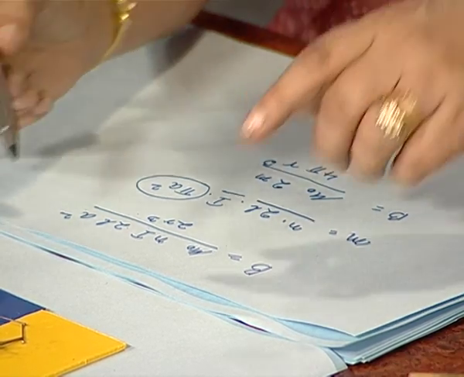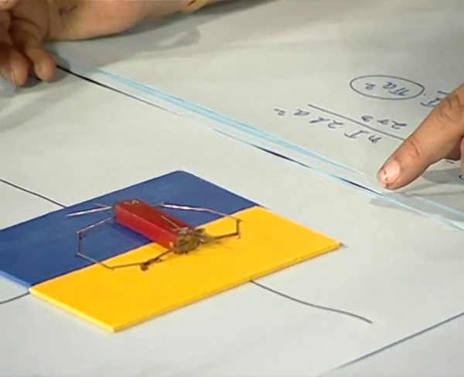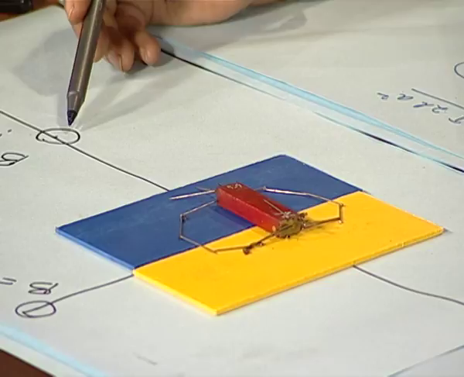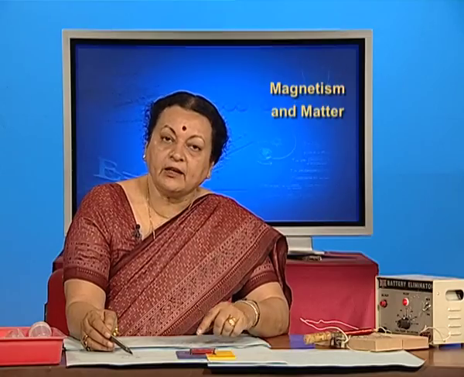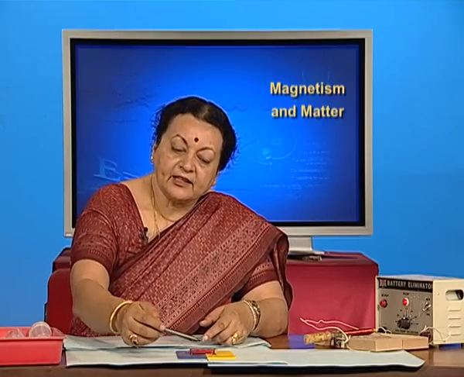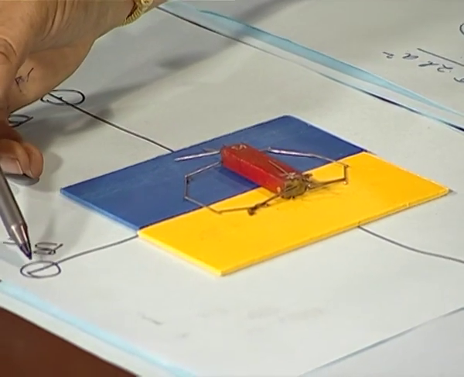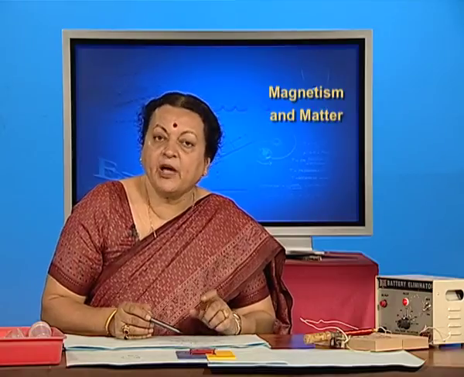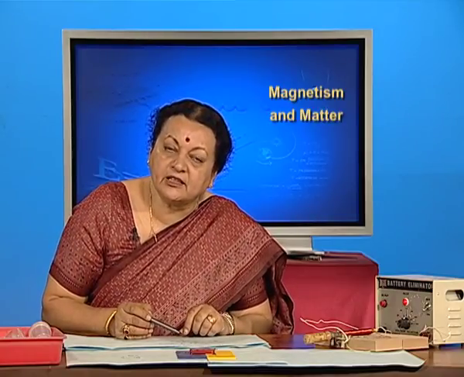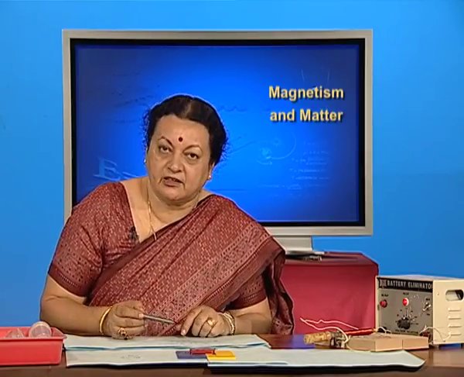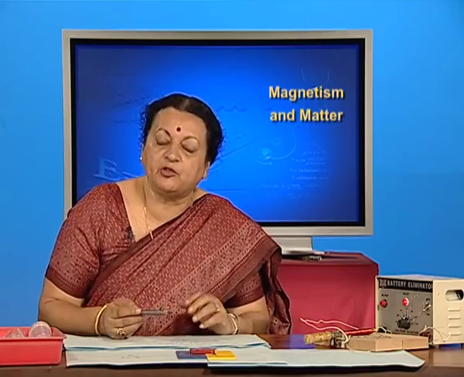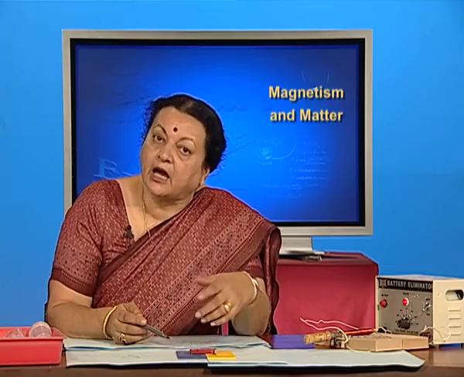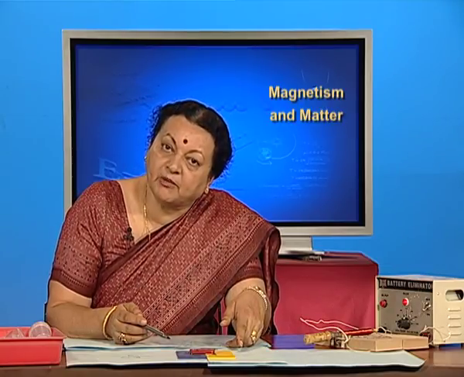If you are to relate this value for the magnetic intensity with that of an electric dipole, you can then say that the value along the equatorial line would be exactly half of this. Now, you may argue, how can you take such a suggestion which is just talking in terms of two dipoles being the same? Well, if a dipole behaves in a particular way, other dipole should also behave much the same way.